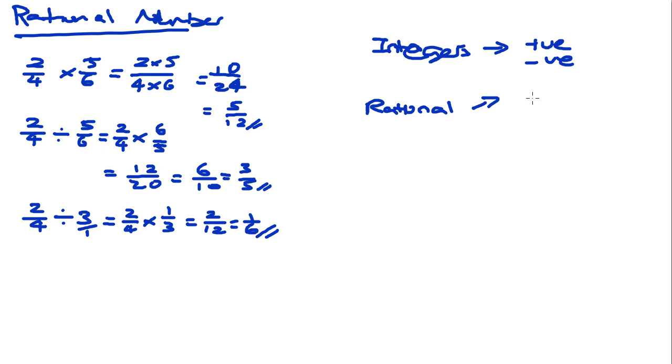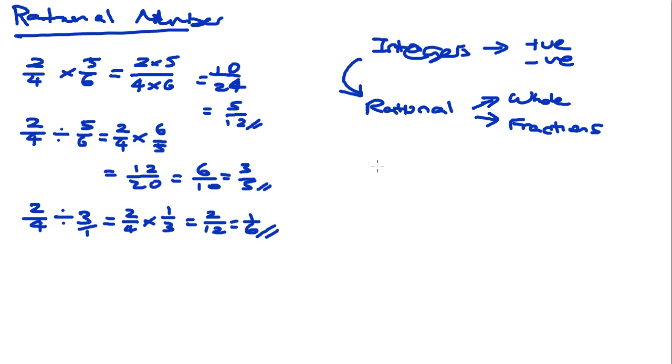Rational numbers can be whole numbers, because 3 is 3 over 1, which is a rational number as well, and they can be fractions. Again, this can be positive and negative as well. You have to take note that integers are part of rational numbers. So integers are also rational numbers.